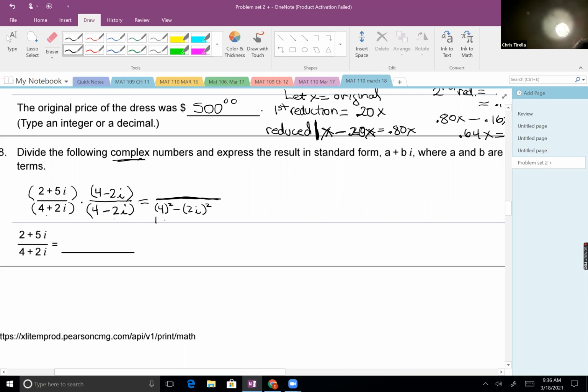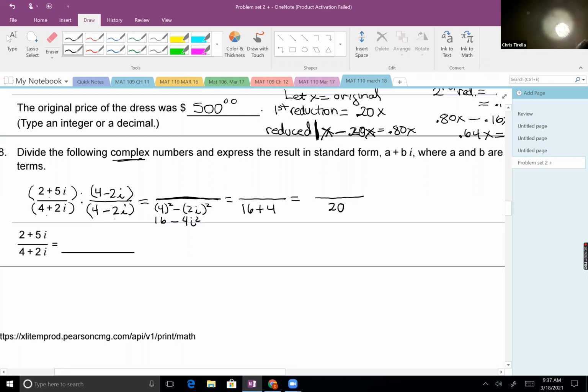So if I think of that as 16 minus 4i squared, just remember that i squared is negative 1. So that actually becomes 16 plus 4, and our denominator is 20. We no longer have an i in the denominator. Kind of the equivalent of rationalizing the denominator.